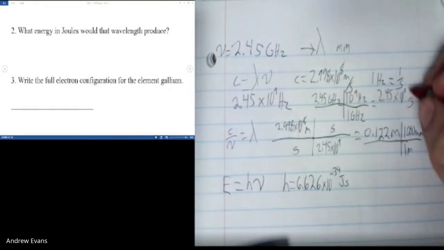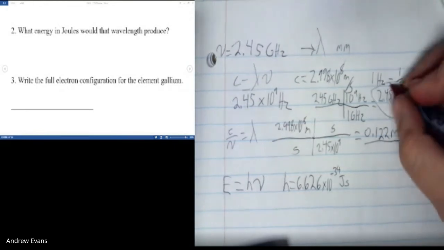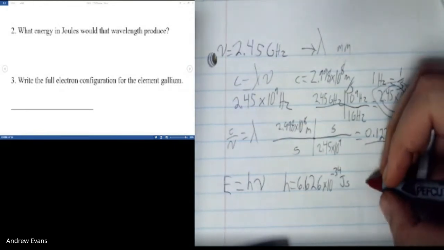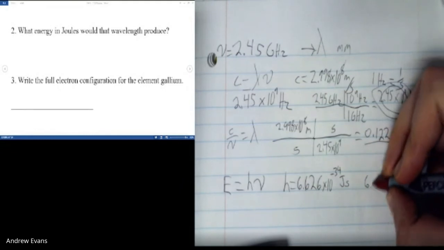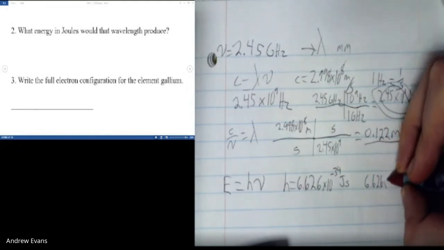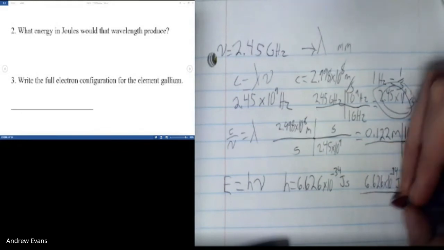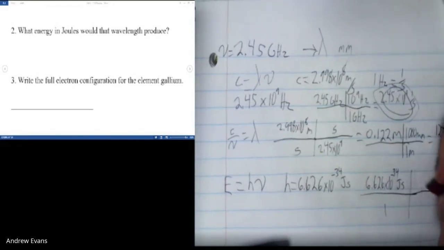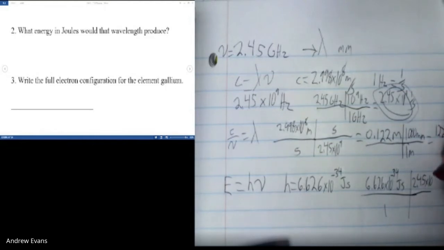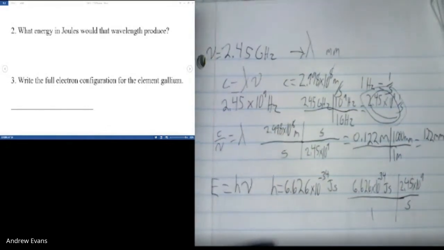So we have to use this value. You're going to do 6.626 times 10 to the negative 34th joule seconds times 2.45 times 10 to the 9th inverse seconds, and that will give us energy.